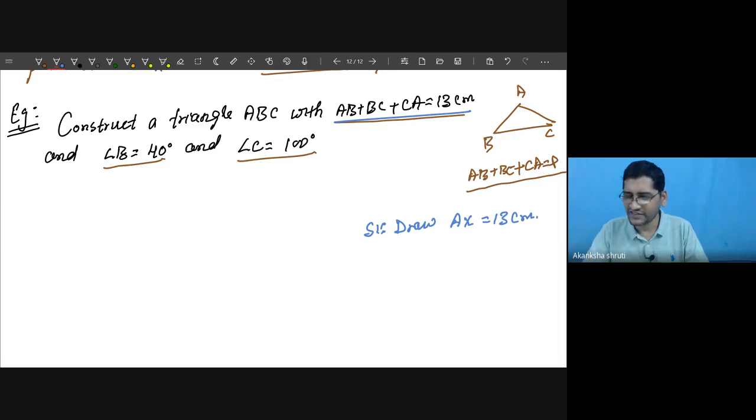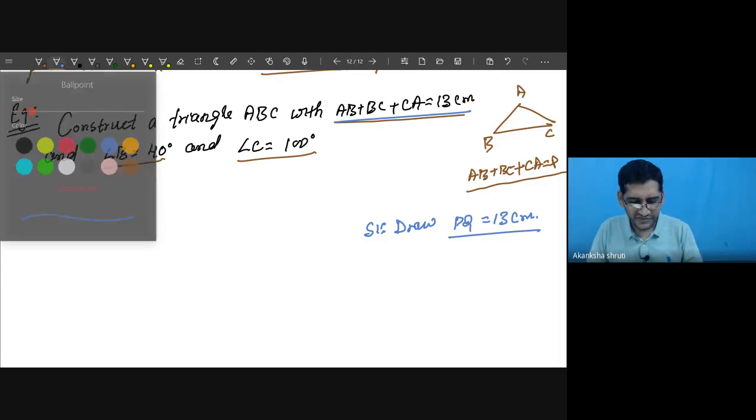Or rather than AX, let us take this as PQ, because ABC is what we have to determine. So better to use a term like XY or PQ. So take a line segment of 13 centimeter.